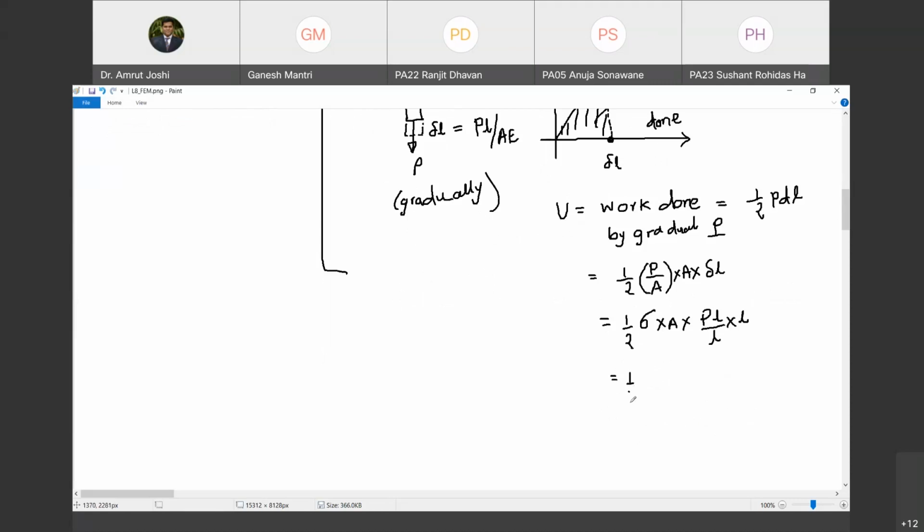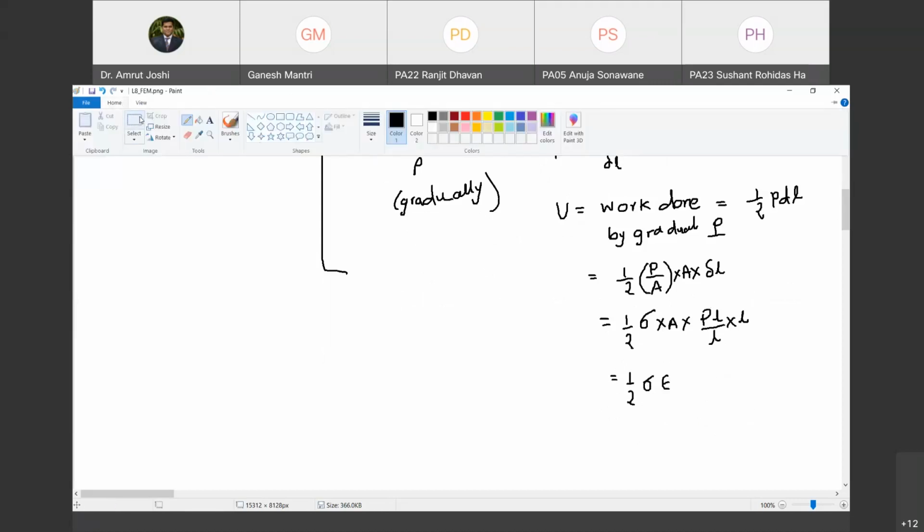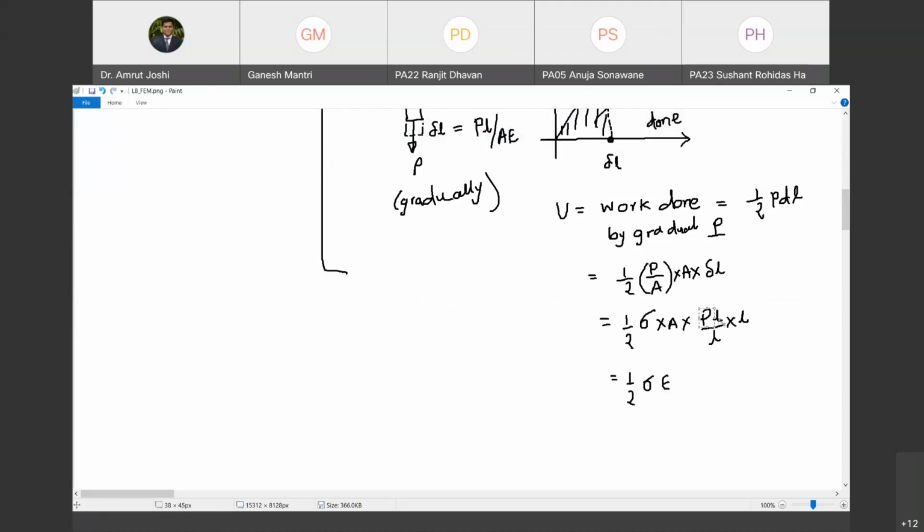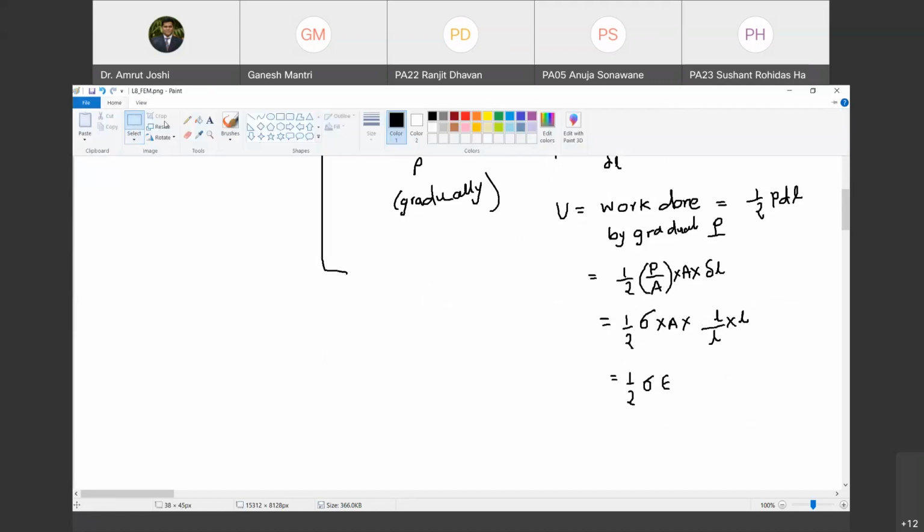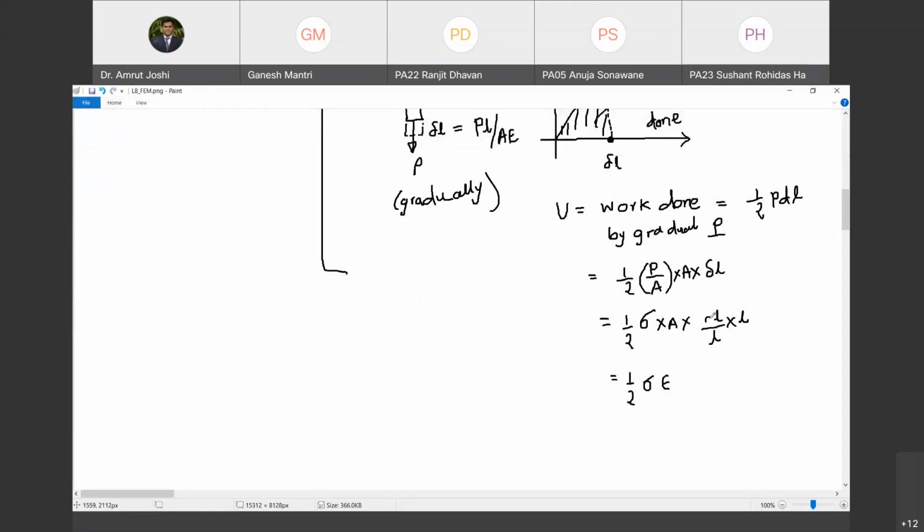So it is half stress into strain multiplied by A into L. Do you agree with me? Yes, sir. So strain energy stored in the body is equal to half stress into strain into A into L.